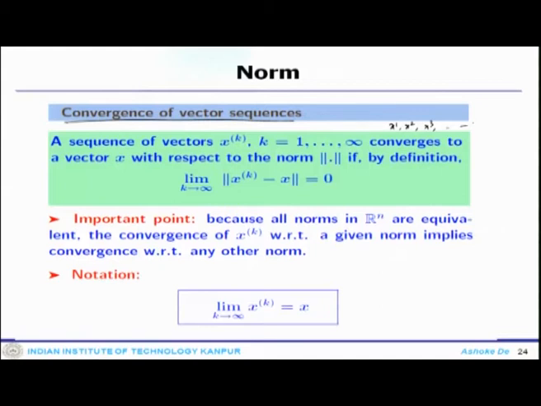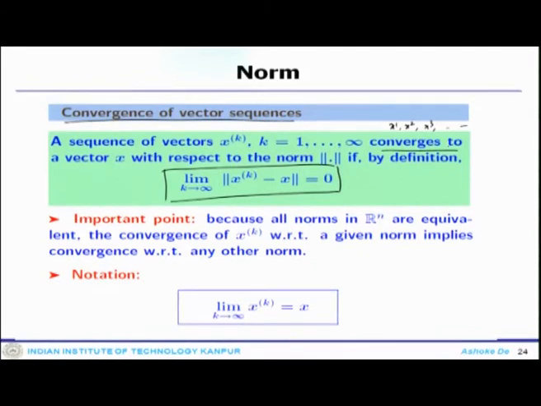A sequence of vectors converges to a vector x with respect to the norm if, by definition, the magnitude of x_k minus x, when k tends to infinity, equals 0. That means, in the limit, this becomes 0. That is how you find the convergence of a sequence of vectors.